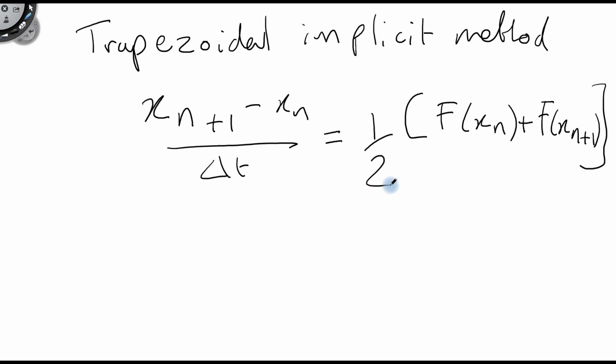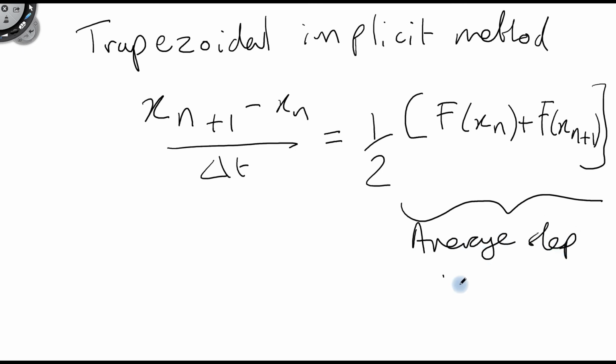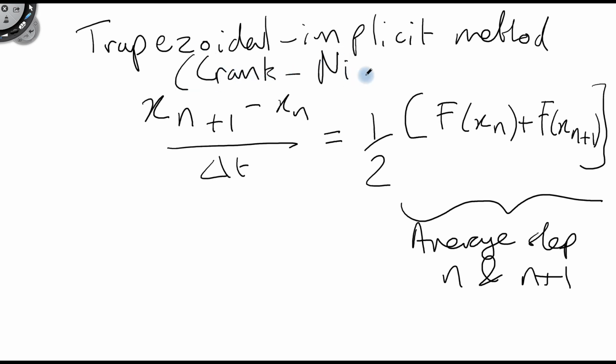We do an average, so we average step n and n plus 1. So it's called trapezoidal implicit, or sometimes it's also named after the people who came up with it, Crank and Nicolson. This is a thing you'll find about numerical methods, or optimization methods as we look at them.